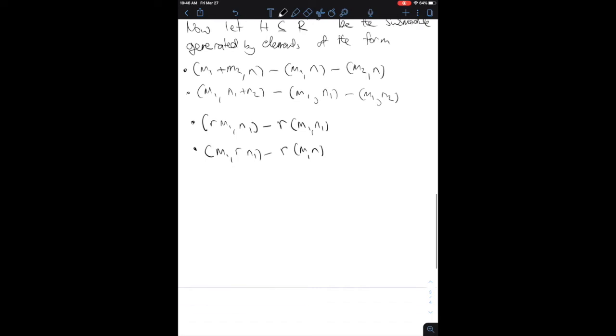So we let H be the submodule generated by elements of the following form.